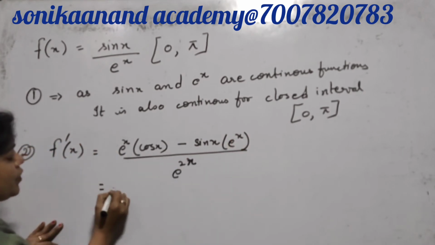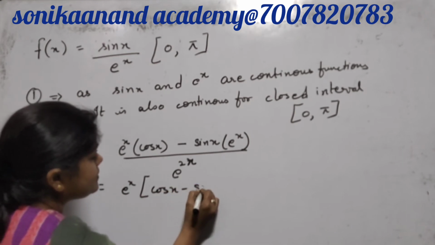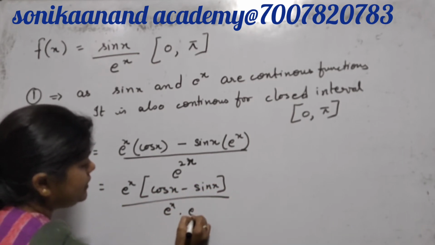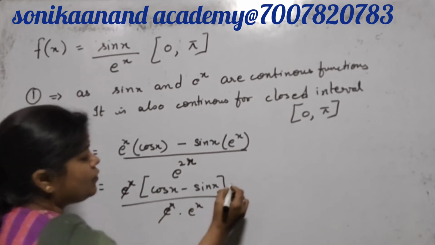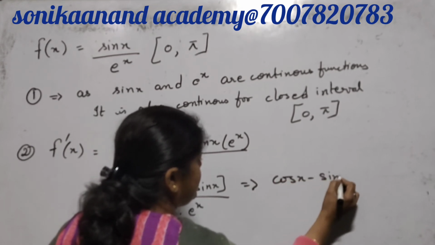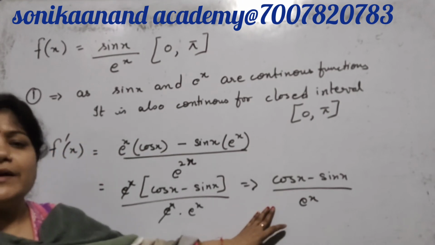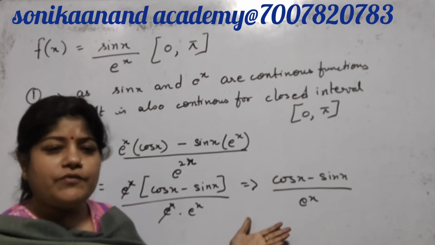Clear? So, what we get, e^x common, cos x minus sin x, and here we get e^x dot e^x, because it is e^2x, it gets cancelled. So, we are left with cos x minus sin x over e^x. We can easily observe that it can be differentiated. So, it is differentiable.